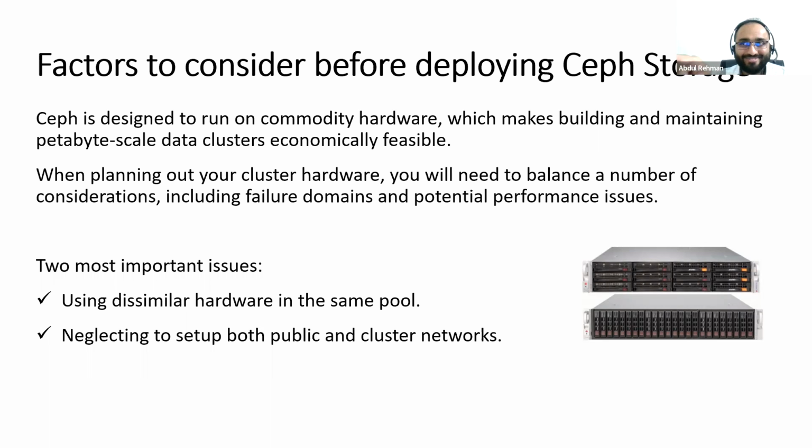I have mentioned a point next, using dissimilar hardware. Dissimilar hardware is, let's say, one server with 64 GB RAM and a two-socket processor of 16 cores in total, 8 per socket, and you have 3 OSDs with 1 terabyte each.